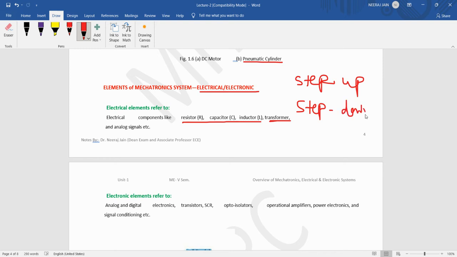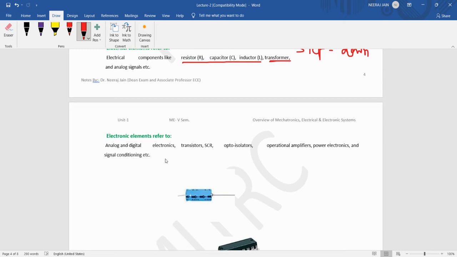A simple example is our mobile charger, in which we take the AC that is coming at 220 volts in the houses. Now the battery of our mobile is in about the 3.7 to 5 volt range.